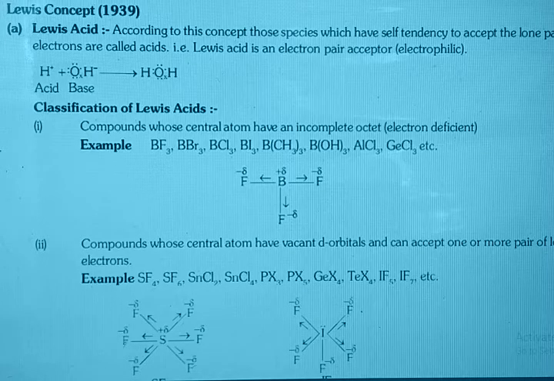A lone pair acceptor is an acid, also called electrophilic, like H plus.